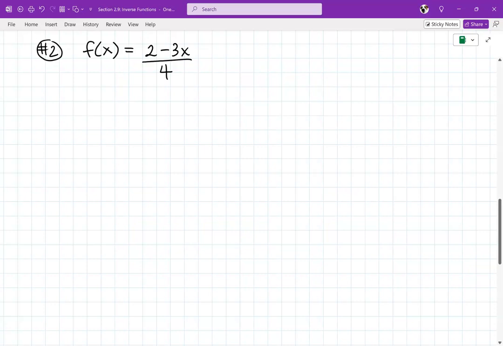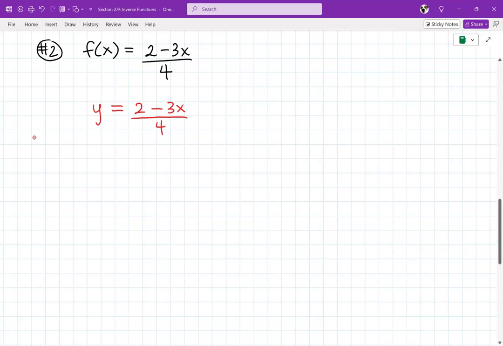Now notice this time I did write one that says f of x equals something, so I am going to have to do all 4 steps. But the first step is very easy. Instead of f of x, I'm just going to write y. So y is equal to 2 minus 3x over 4. Step 1 is done.